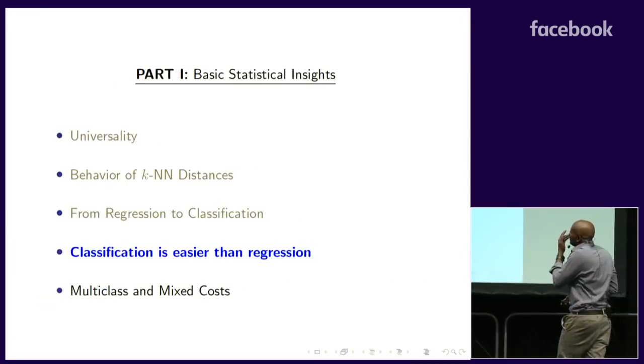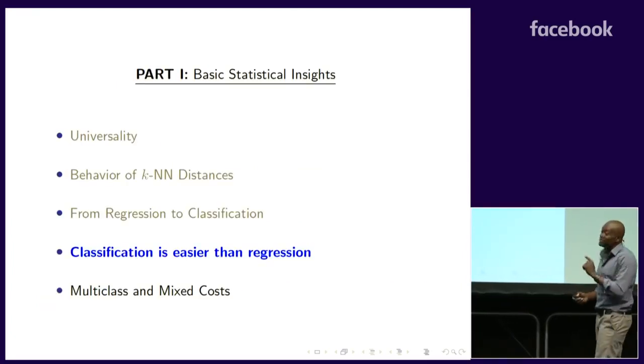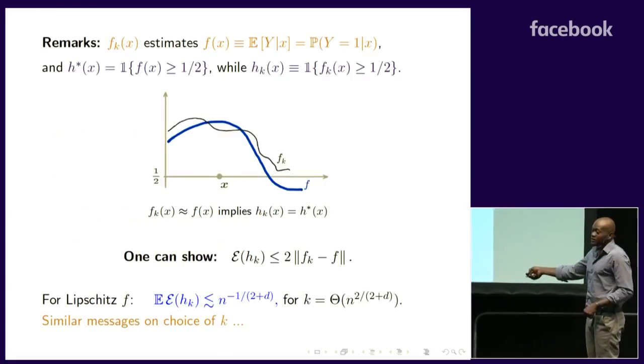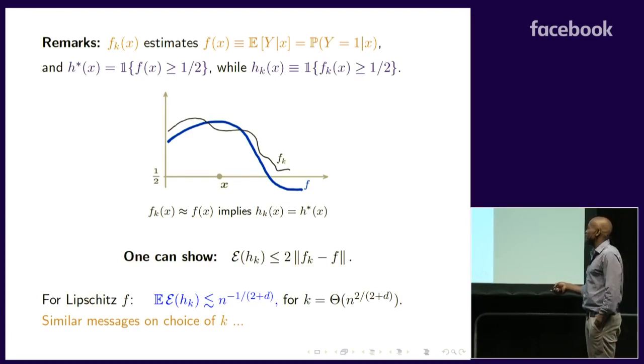All right. Now, classification is actually easier than regression. If I look back at this bound, it is still telling me that I have a fairly strong dependence on the dimension. Okay, this is not the ambient dimension of the data. It is the intrinsic dimension, but it is still a dependence on dimension.